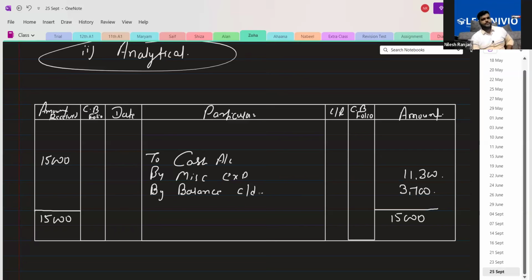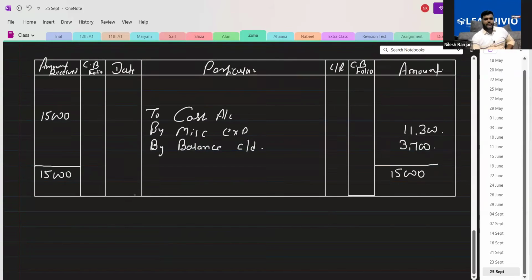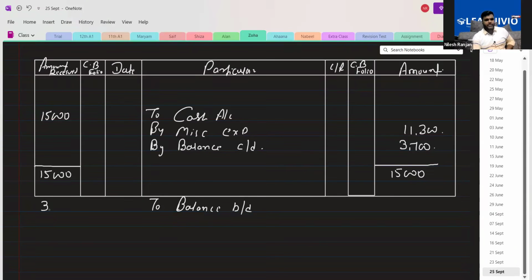Is that clear? Yeah, it's clear. Now in the next time period, again I will write to balance BD, because now there is some previous balance also. So to balance BD 3,700, and if we are following imprest system, we have to make it equal to 15,000. So to cash 11,300.